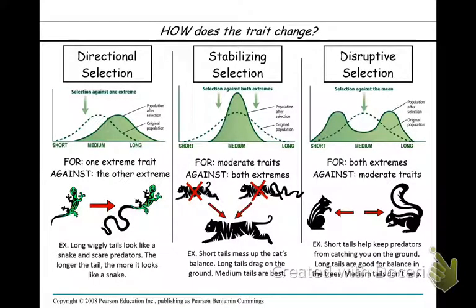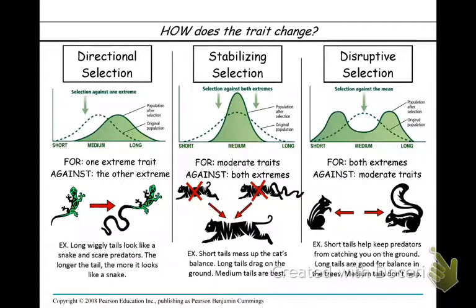On the other hand, sometimes, instead of moving from one direction to the other, somewhat in the mid-range, the environment is choosing something that is against both extremes and somewhat in the middle. The third kind is disruptive selection, wherein it does not like the mid form. It only prefers to have two extreme kinds being present in those two environments. So, examples or discussion of examples for each.